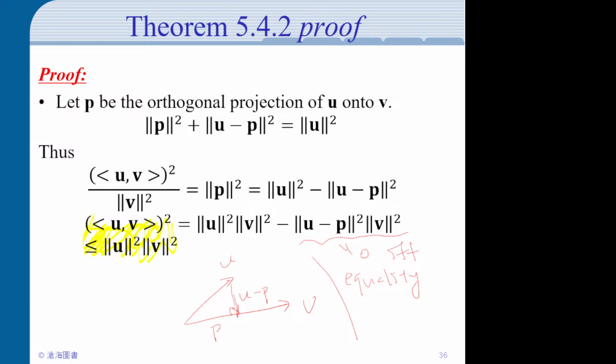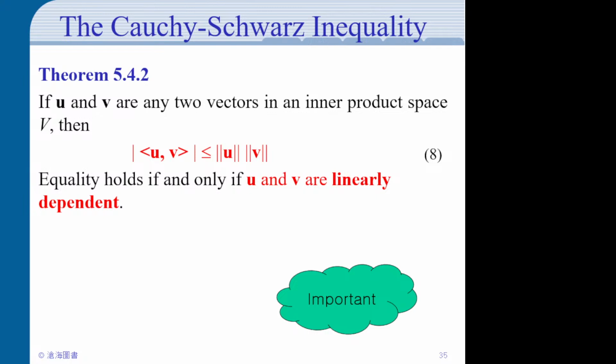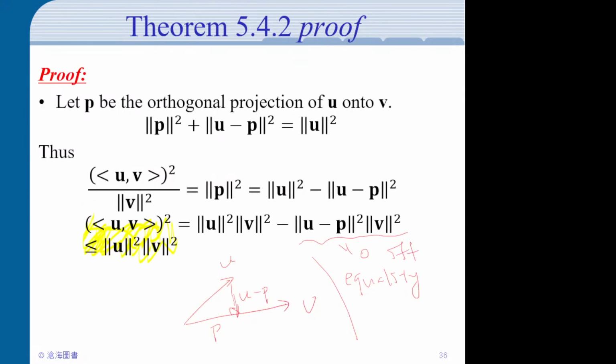If V equals 0, then U is obviously linearly dependent on V. That's a singular case. And if V is not equal to 0, then U minus P equals 0. Then we know U lies on the V line, the case that we just proved, and in that case U will be some multiple of V.